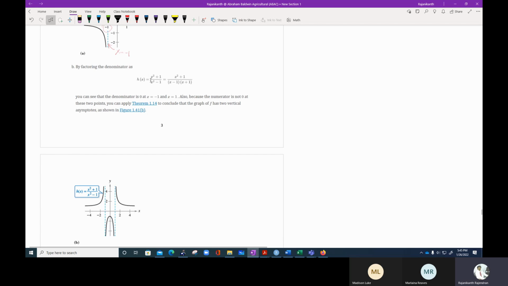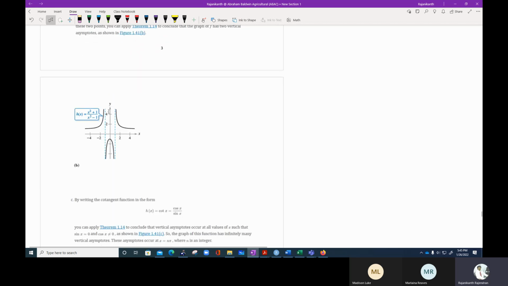Look at the second example. Suppose you are given this function h. You can factorize the denominator, so you will get x minus 1 times x plus 1. Now you see the denominator becomes 0 when x is 1 and when x is -1.